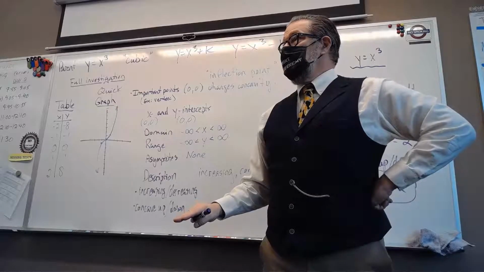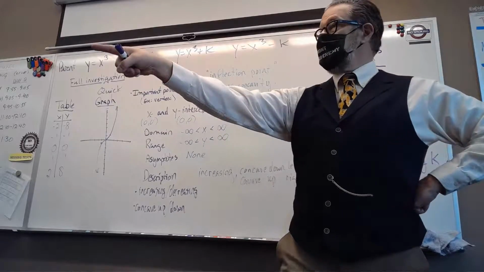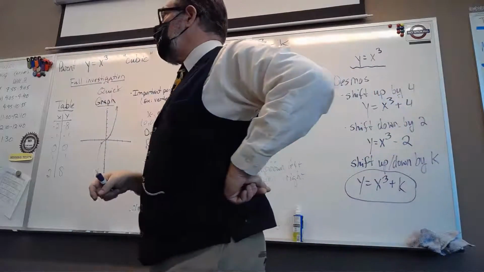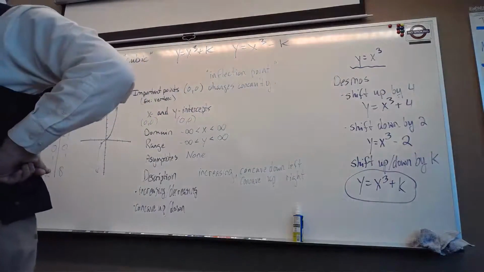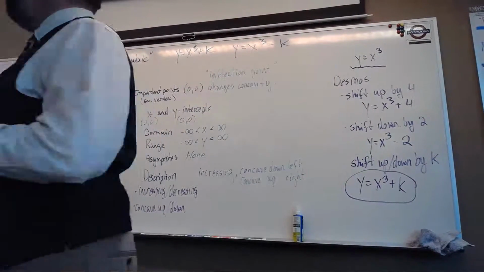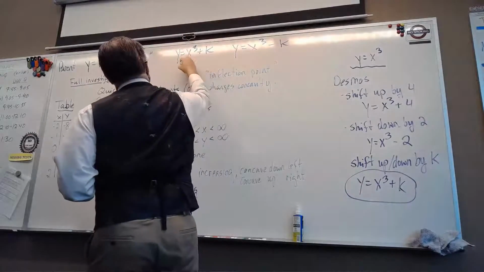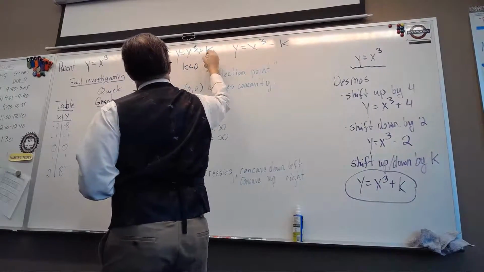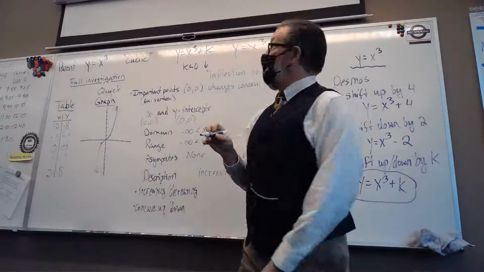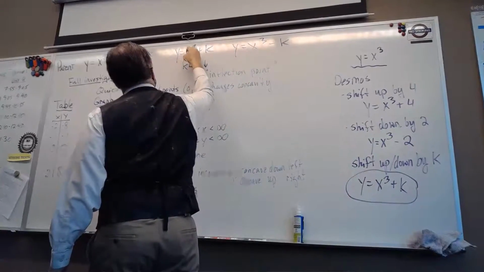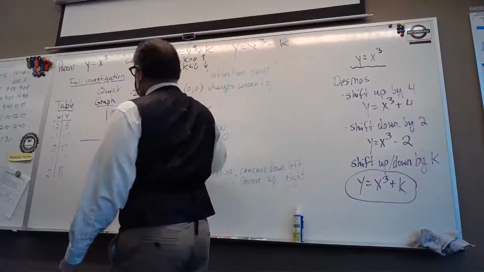Negative. Stop right there. That's the correct answer, is it not? If I make k negative, my graph goes down. If I make k positive, my graph goes up.